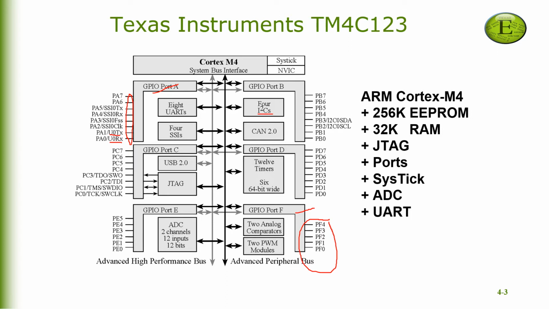That's because these modules are connected internally to this port. So remember, we can use the ports on the microcontroller either for general purpose input-output operation or some specific alternate functions. And some of these will be discussed in our future lectures as well.